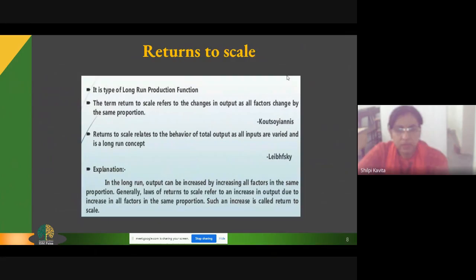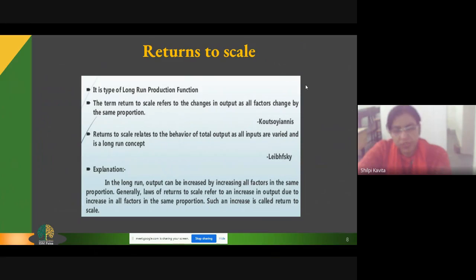Returns to scale is a long run production function, and in returns to scale, all the factors of production are variable. So we see the changes in output as all factors change in the same proportion. So in the long run, output can be increased by increasing all factors in the same proportion.